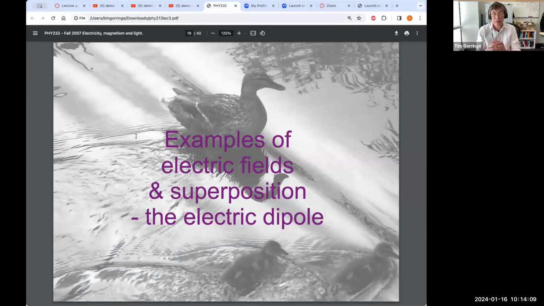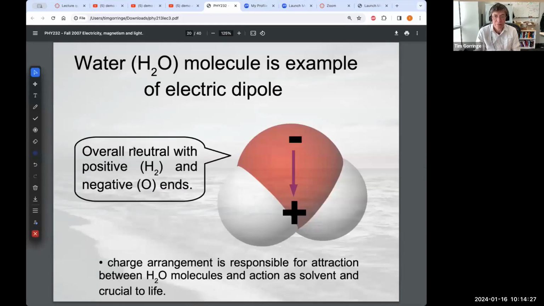And so this is probably the most interesting and one of the simplest arrangements of charge, equal and opposite positive and negative charges that we call an electrical dipole. I'm going to show you an electrical dipole that you know. It's the water molecule.